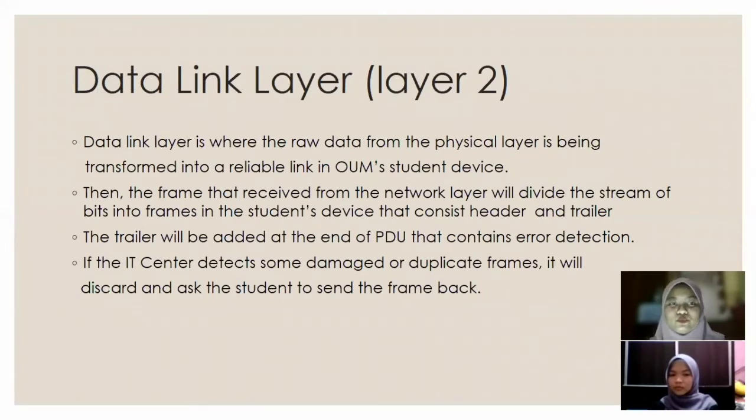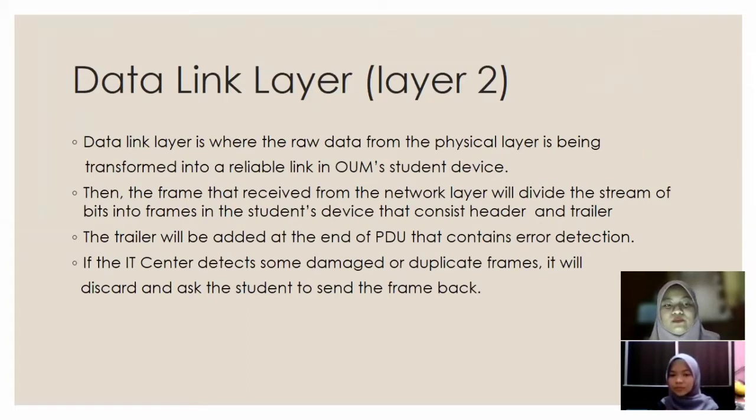Next, layer 2, data link layer. The data link layer is where the raw data from the physical layer is transformed into a reliable link in the OUM student device. The frame received from the network layer will divide the stream of bits into frames in the student's device that consist of a header and trailer.